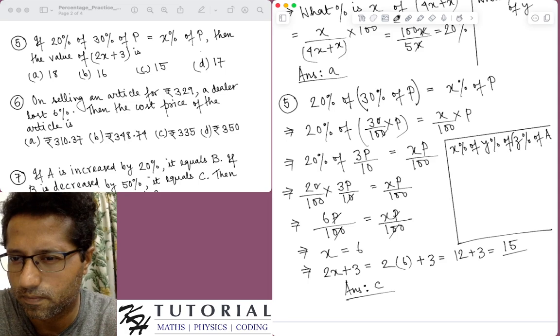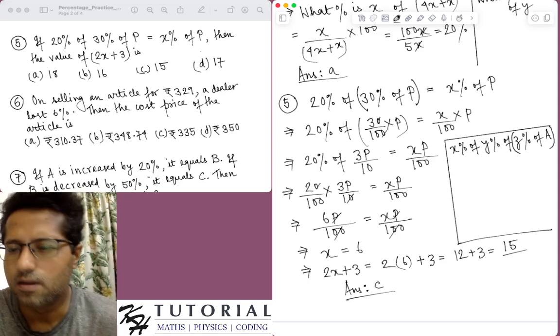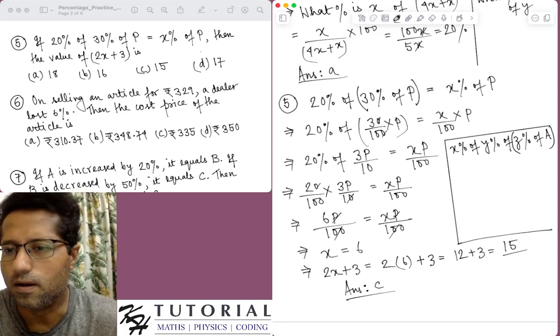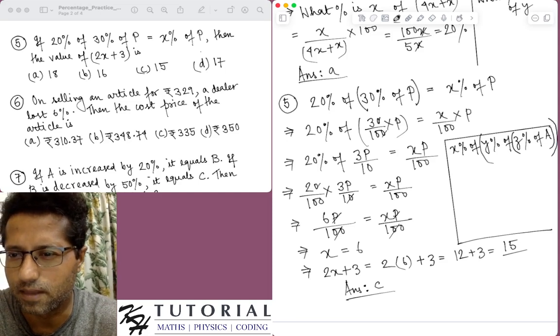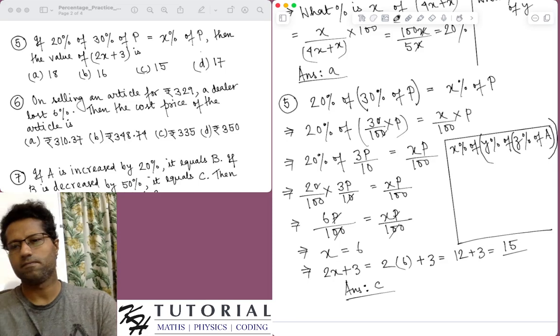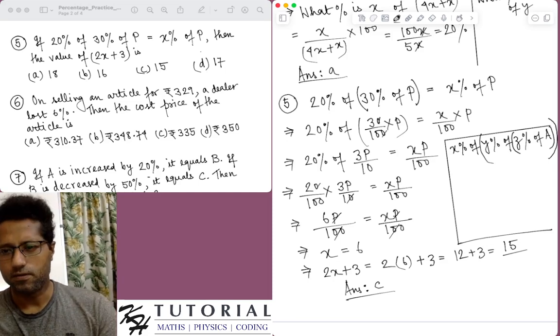So first you group this, and then you group this, and then finally you have x percent of this whole thing.